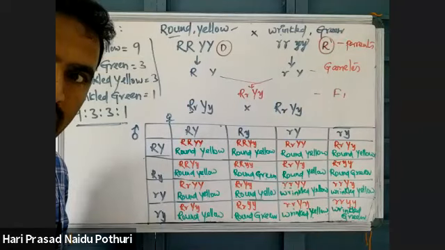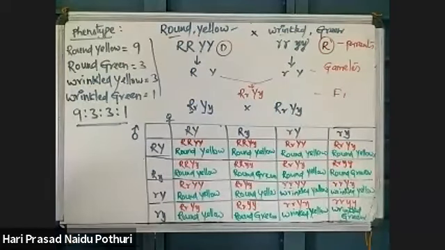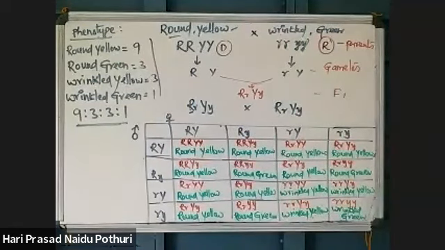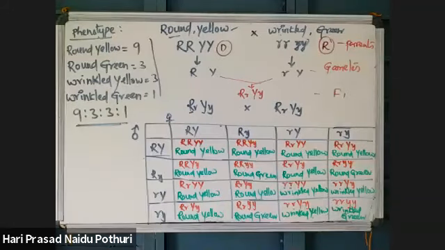How did Mendel find these two alleles in a gene? What a question. Then what are you following from the beginning of the chapter? Every gene has two contrasting traits.